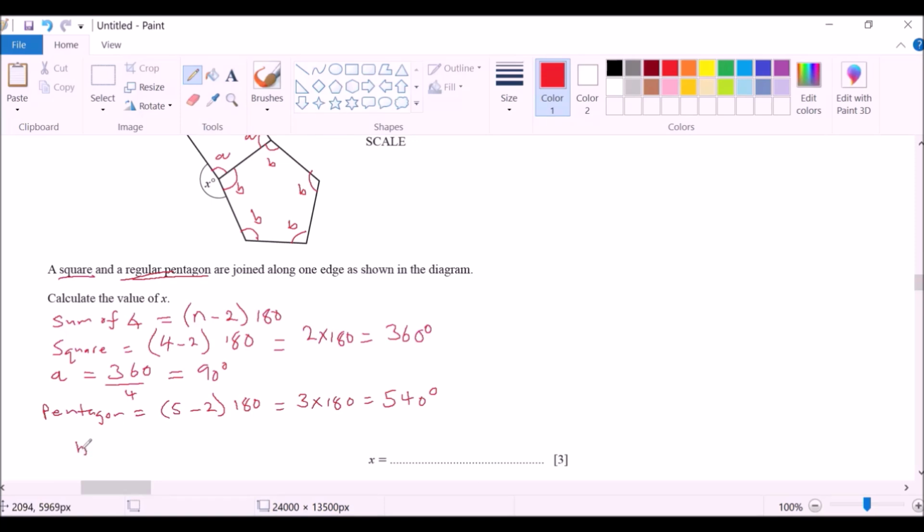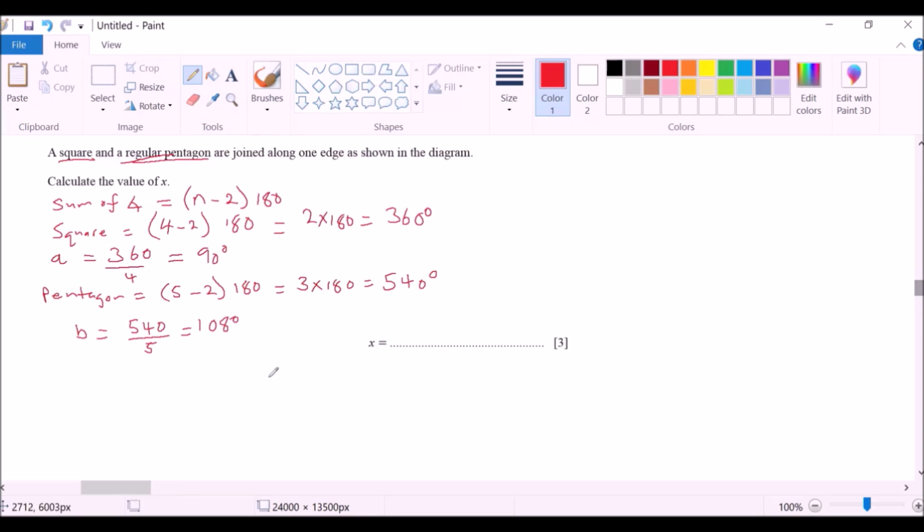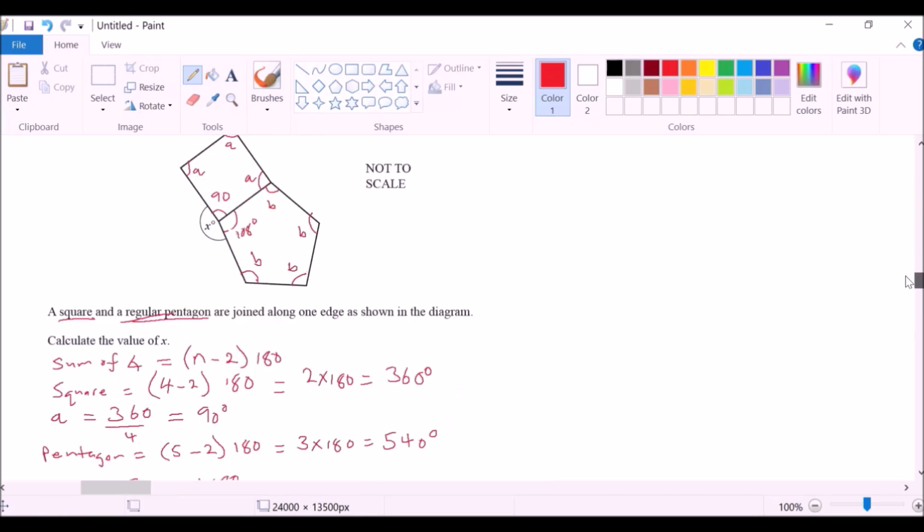So each angle B is equal to 540 divided by 5, which is 108 degrees. Now we have this angle as 108 degrees and that angle as 90 degrees. These are angles at a point, so their sum adds up to 360.